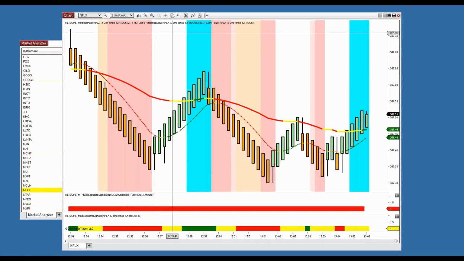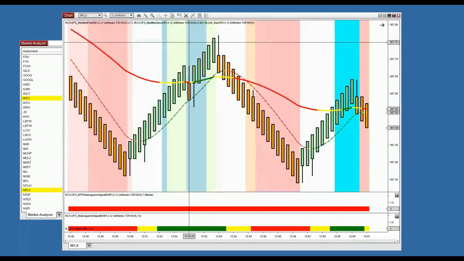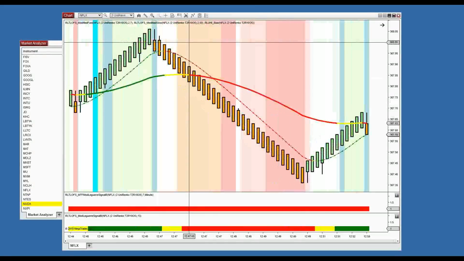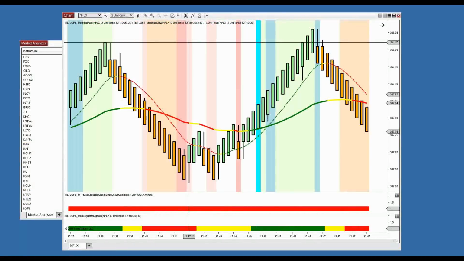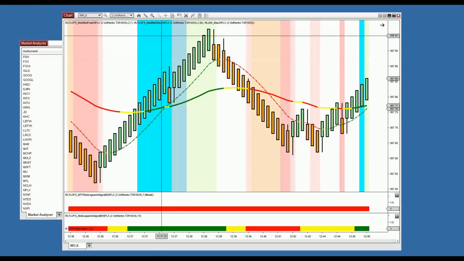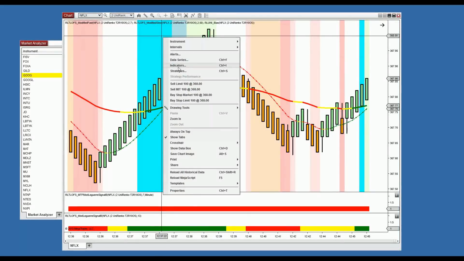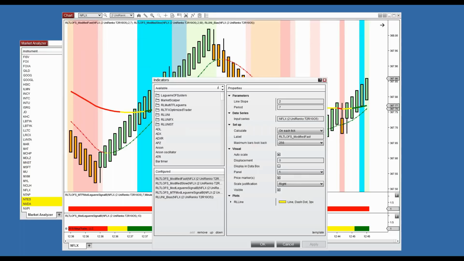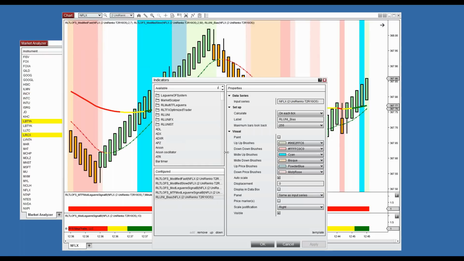Let the chart reload. Now, what you're looking at here is a chart of Netflix. Now, what I want to do also, bias. Hold on one second here.